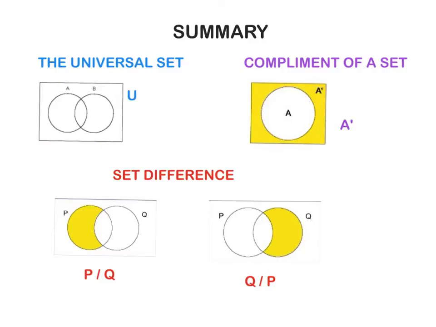Then the next keyword we've met today, complement of a set A. So everything outside A, and the symbol for complement of a set A. And the last one, set difference. So in this case we have everything in P but not in Q, and this is the little yellow part. And the other way, Q minus P, so everything in Q but not in P.